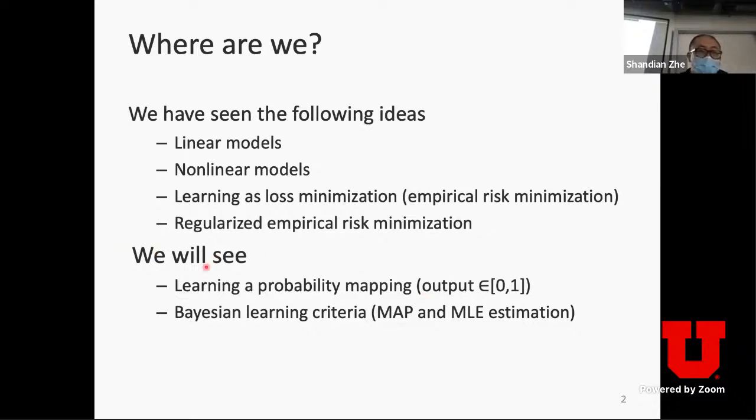So for logistic regression, we'll say our objective is to learn a probability mapping, right? The output is between 0 and 1, which I have emphasized, right? And we'll also say how we conduct the Bayesian learning criterion to estimate the parameters in logistic regression.